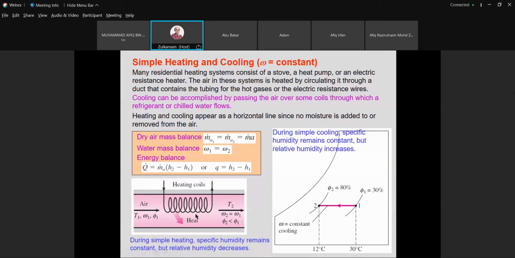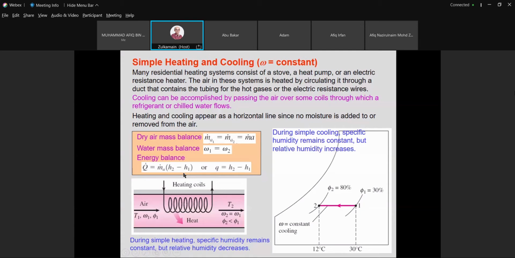So we can write the energy balance equation as m dot h1, plus Q dot 12, is equal to the final energy, which is m dot h2. And when we rearrange this equation to make Q our subject, then Q12 is equal to m dot multiplied by (h2 minus h1).